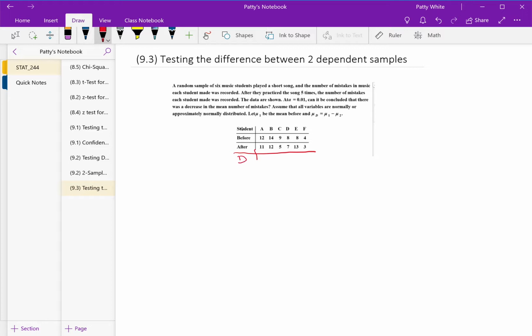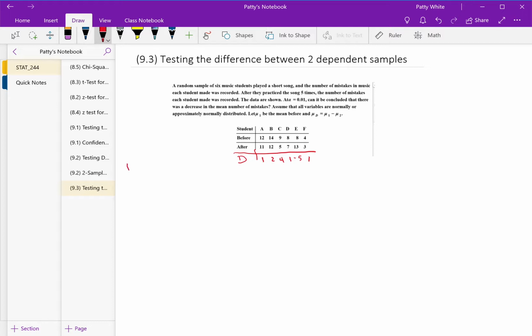So I would take 12 minus 11, which is 1, 14 minus 12, so 2, and then I have a 4 and a 1 and a 1, and 8 minus 13, so minus 5, I believe. And this new row of information is what I'm going to use for my statistics, for my testing, for my t-distribution. Now I can do this in my calculator really easily, and we'll do that right after we write the hypotheses.